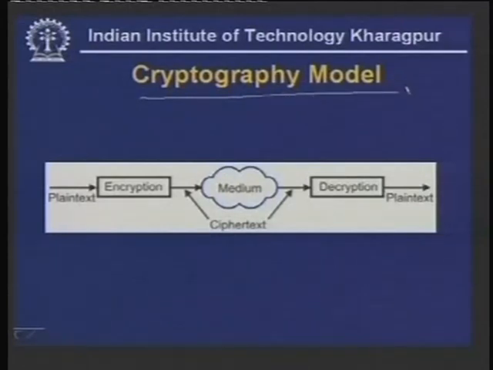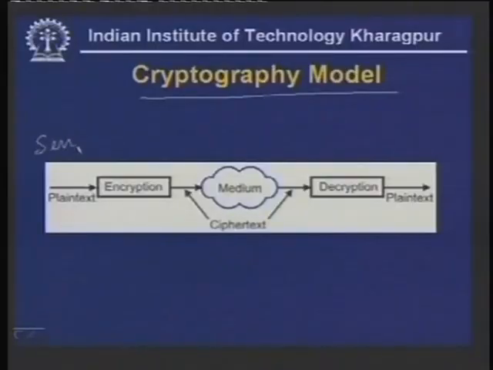In cryptography, we require 3 characters. Actually, to tell the story of cryptography, we require 3 characters. One is the sender, another is the receiver, and in between there may be an intruder.